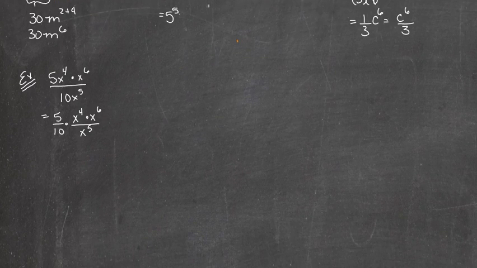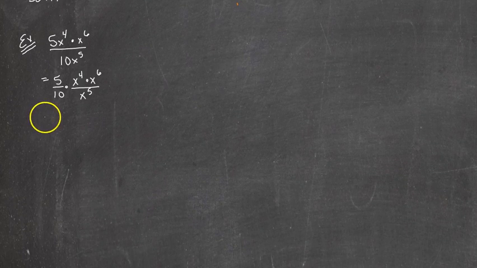Well, let's start with the integers, or the fraction. 5 divided by 10 is the same as 1/2. If you don't want to write it out as a product of primes and cancel, that's fine. And then this has two things going on. It has a product of exponents, and it has a quotient. We're going to do the product first. So I have x to the 4 plus 6 using my product property, and I still have to divide by x to the 5th.